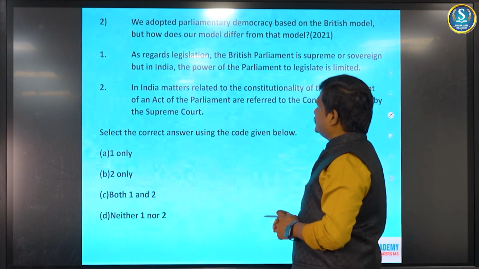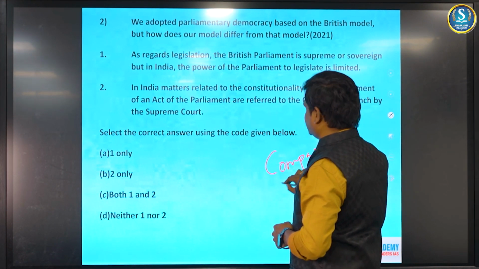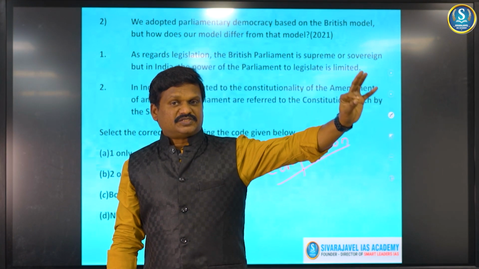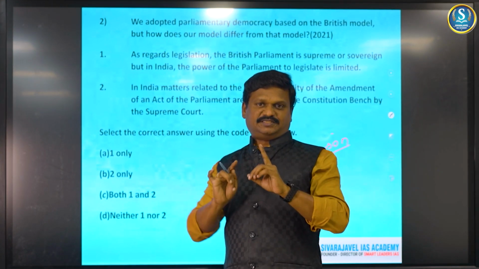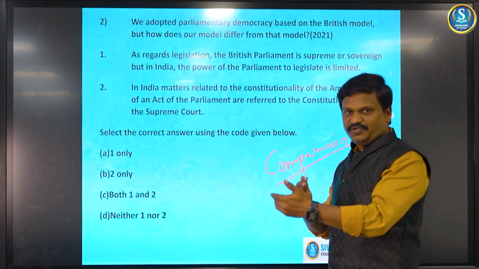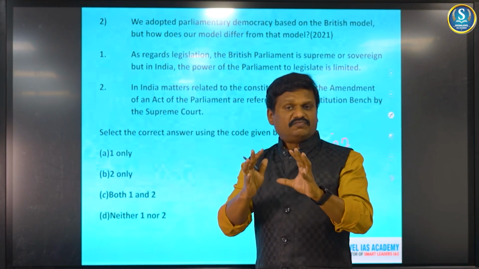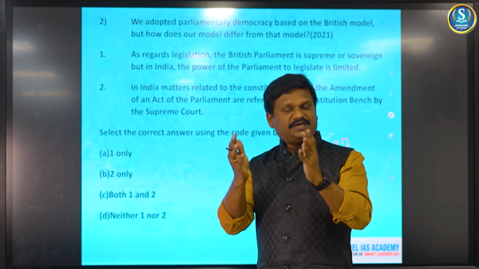The second question is comparison question. Comparison of Indian constitution with the world constitution is not explicitly mentioned in prelim syllabus. It is explicitly given in the main syllabus. World constitution means what? Most of the provisions of Indian constitution we have taken from the British system.